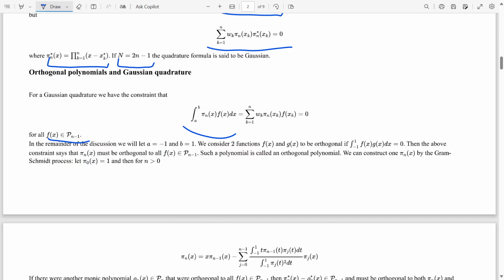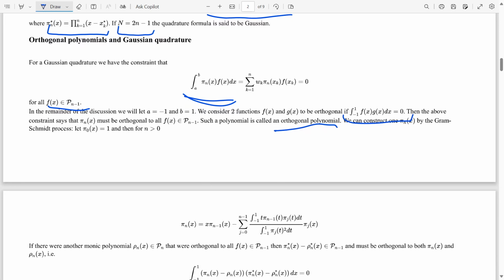For the remainder of this discussion, we will assume without loss of generality that the interval of integration is from minus 1 to 1. Two functions are orthogonal if the integral from minus 1 to 1 of their product is 0. Then we have said up here that pi n of x is orthogonal to all polynomials of lesser degree. Such a polynomial is called an orthogonal polynomial.